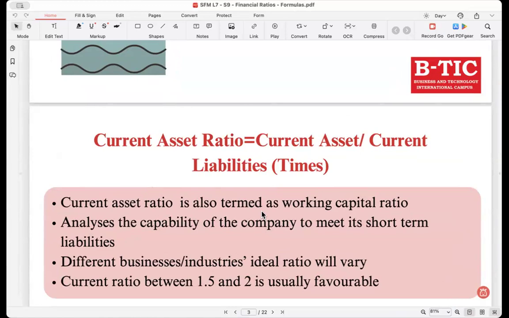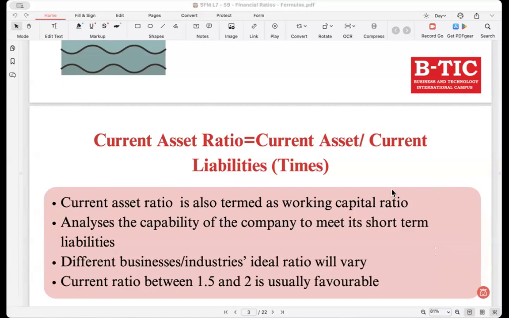This ratio analyzes the capability of the company to meet its short-term liabilities. As you calculate, if you get a result of 1.5 or between 1.5 and 2, this means the ratio is favorable to the company. Anything between 1.5 and 2 is healthy.